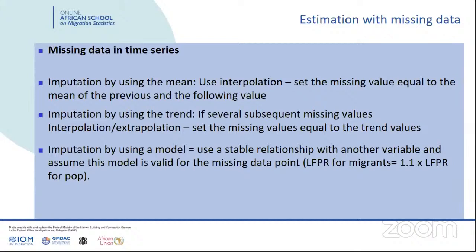So we impute by using the mean, for example.